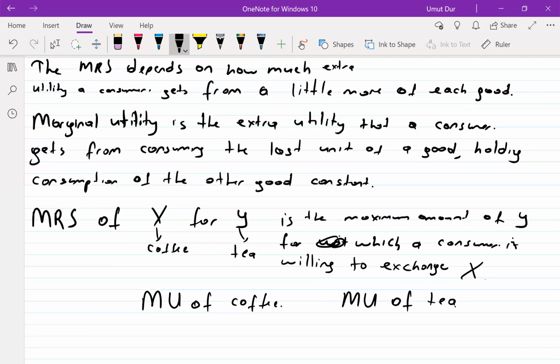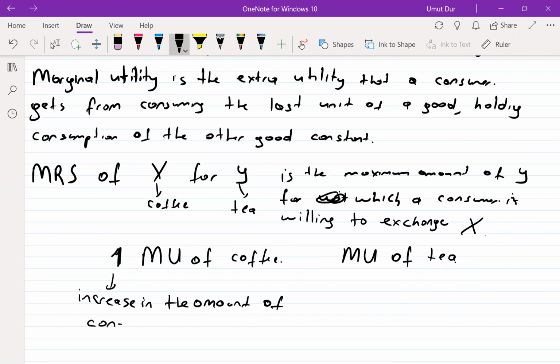For the marginal rate of substitution, we would like to be on the same indifference curve. Whenever I am increasing my consumption of coffee by 1, I'm asking what will be the decrease in the consumption of tea.